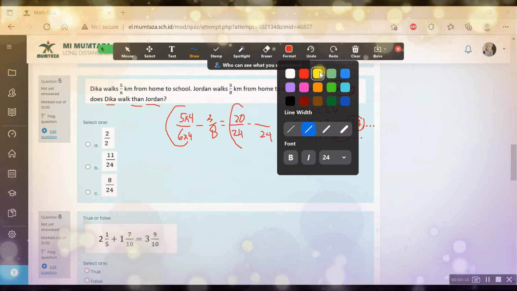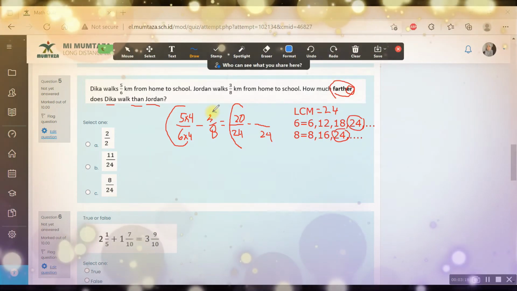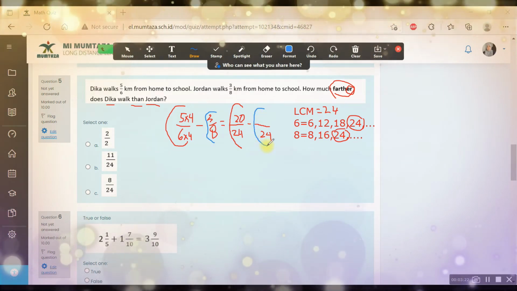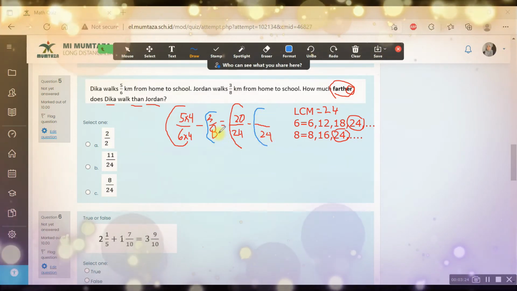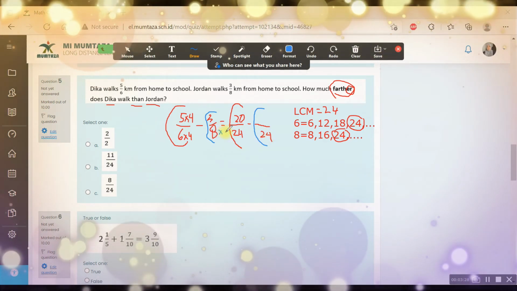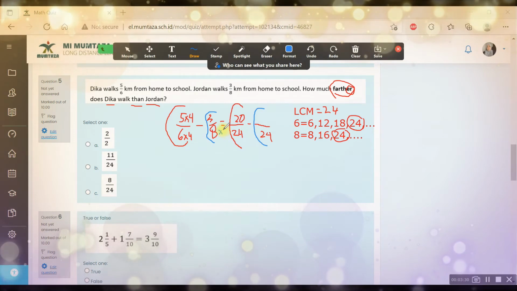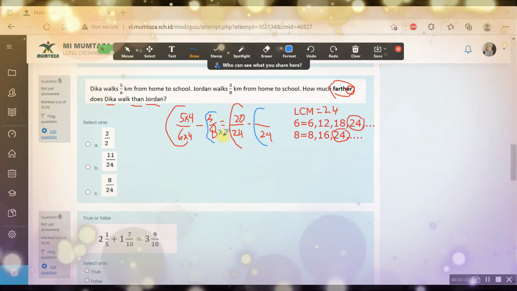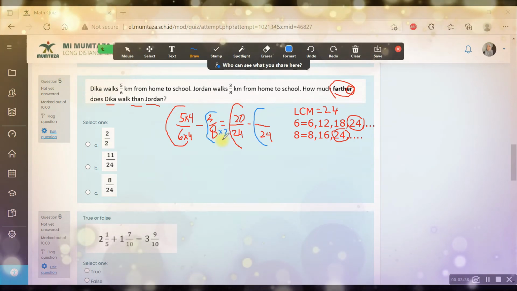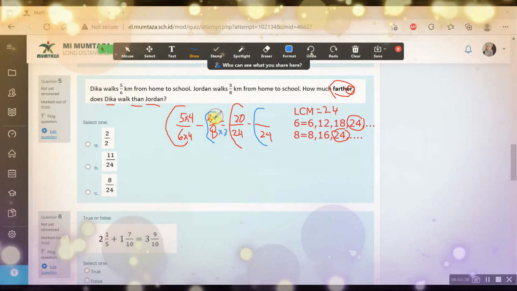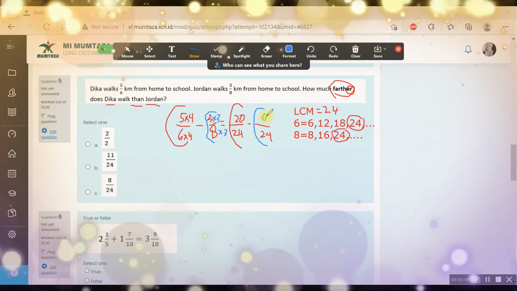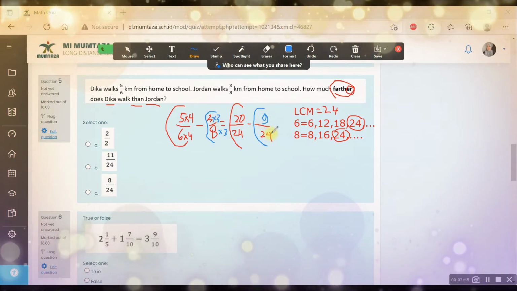Now, how about the second fraction? 3/8 becomes something over 24. 8 times 3 becomes 24. Because the bottom is times 3, the top is times 3. 3 times 3 becomes 9. So we put number 9 here.